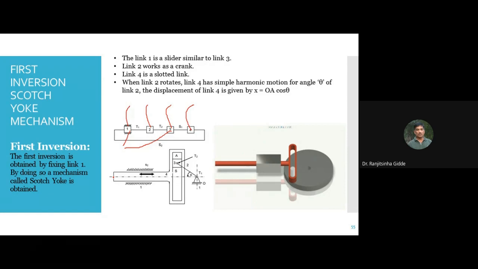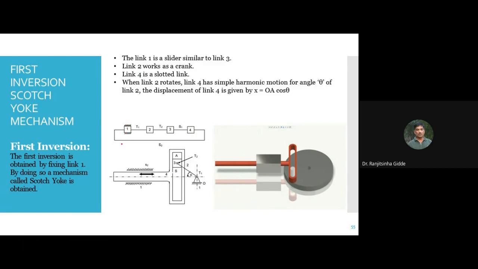Please understand, this schematic diagram is useful while writing the answer for a descriptive question. When the first element is fixed, this is the actual diagram, this one is the schematic diagram, and this one is the animation. Remember. So when the first link is fixed, that means the first slider is fixed.